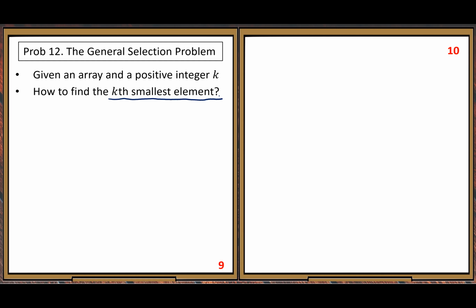That k could be 1, 2, 3, 4. The smallest is 1, the first smallest. The largest is n. Nth smallest means the largest. So that is the general selection problem.